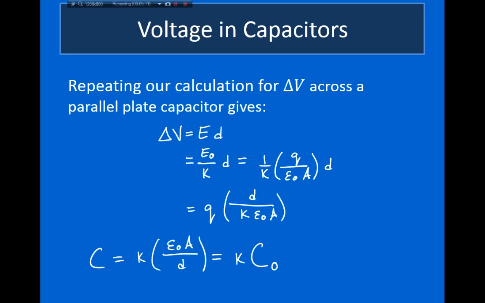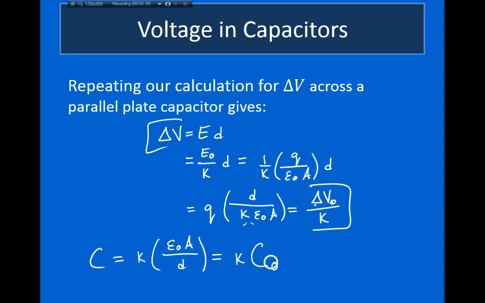Also, looking at this, we can see that the voltage difference decreases with the capacitance. So actually, this is going to be equal to the voltage difference that would have been there without the dielectric divided by the dielectric constant. So this delta V naught, that's the voltage difference that would be across the plates of the parallel plate capacitor without the dielectric.